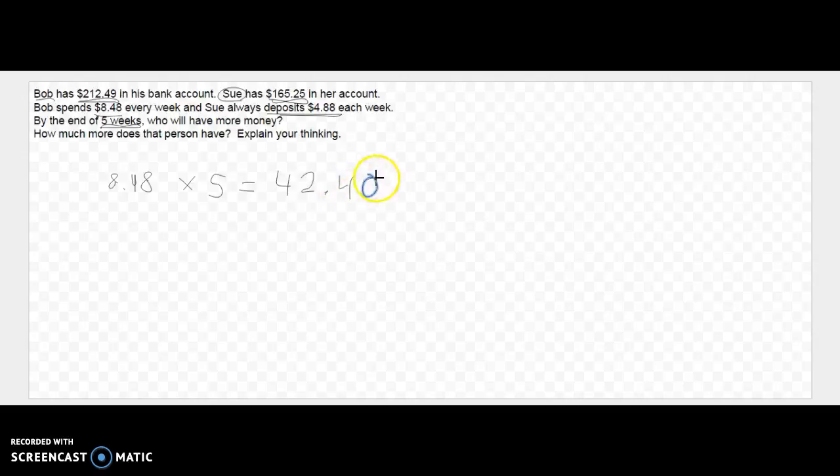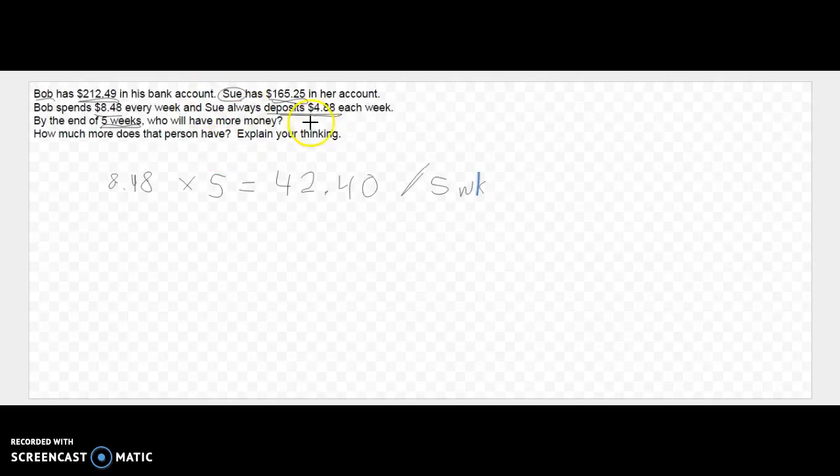So I have to add a 0. So Bob spends $42.40 in a 5-week time period. Okay, so that's one piece of important information we needed.